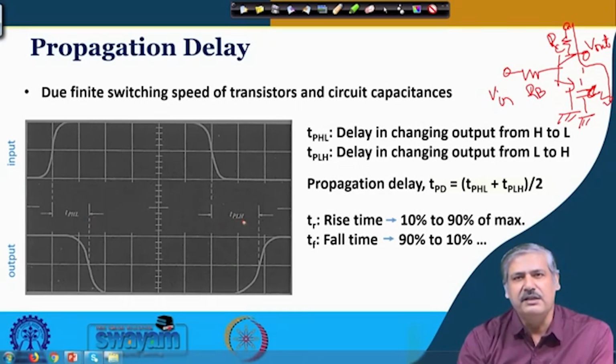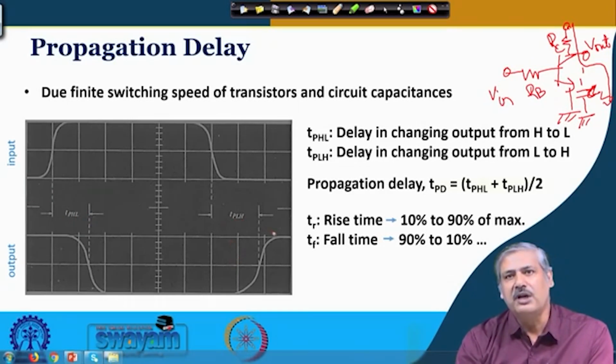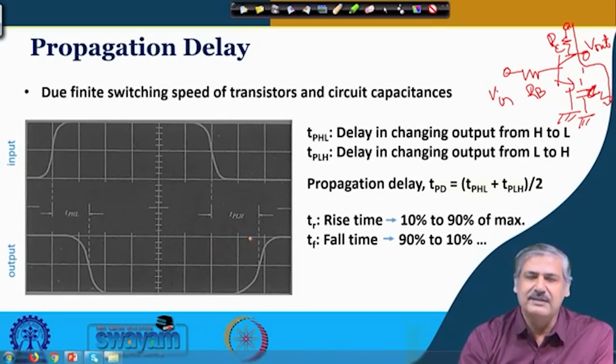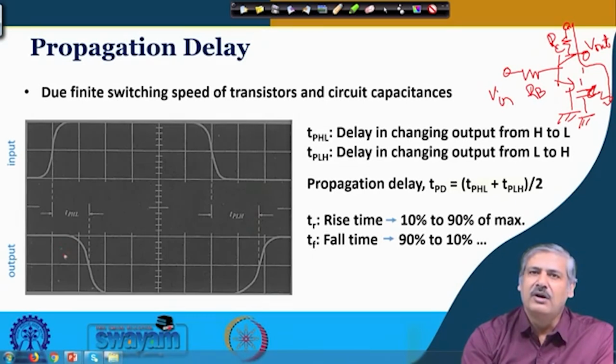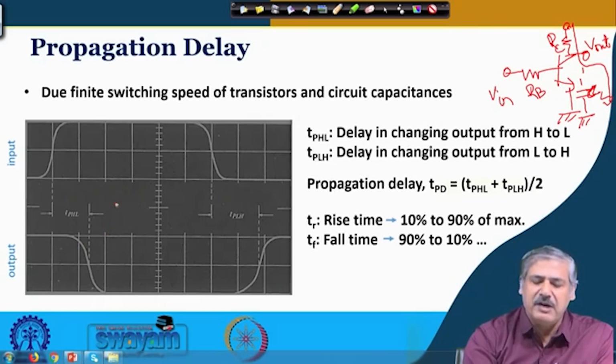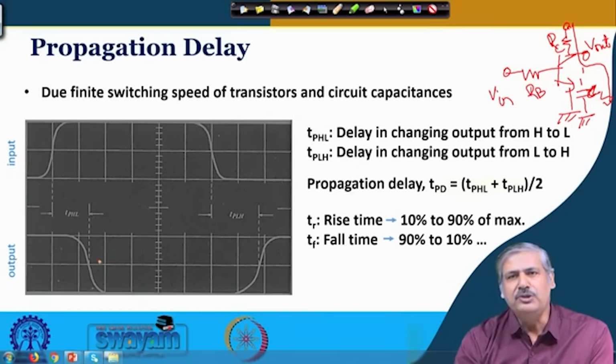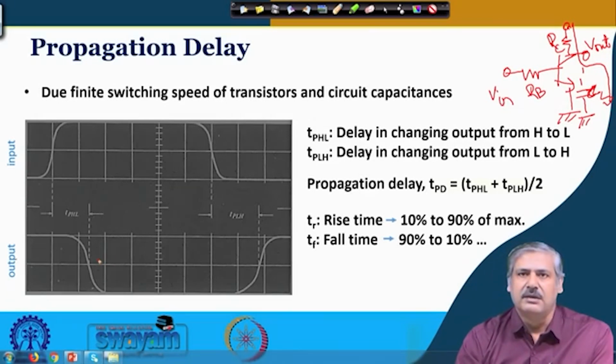Corresponding is the propagation delay when output goes from low to high, and you can see that this low to high is relatively higher. One of the reasons, as I said, is the switching speed. When the transistor goes from off to on, the charge distribution aspect does not take much time, but when it goes from on to off, the charges that are there need to be taken out.